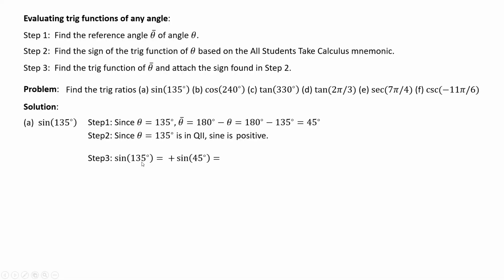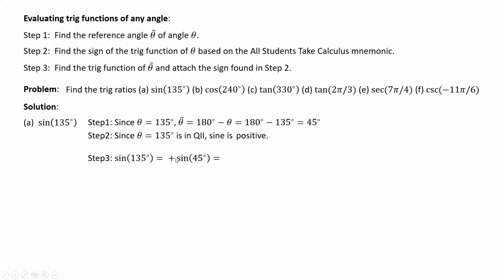Sine of 135 is therefore the same as sine of the reference angle, sine of 45, and the only question is whether it is positive sine 45 or negative sine 45. What did we say in step 2? Oh, that is positive. Sine of an angle in the second quadrant is positive, so we put a plus sign here. So it's not negative, it's positive sine 45.